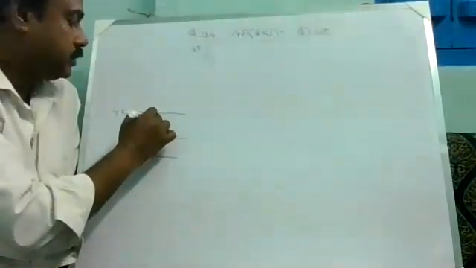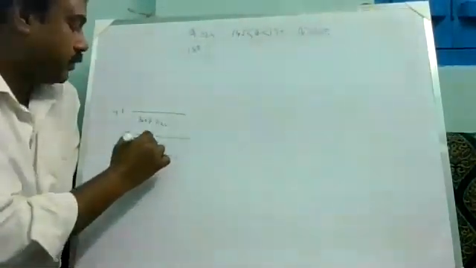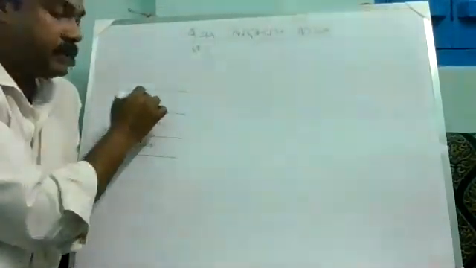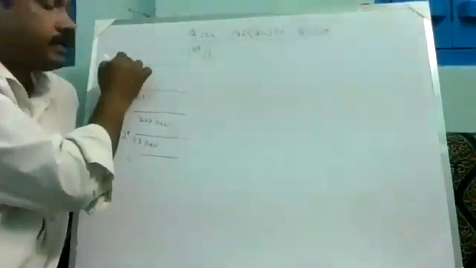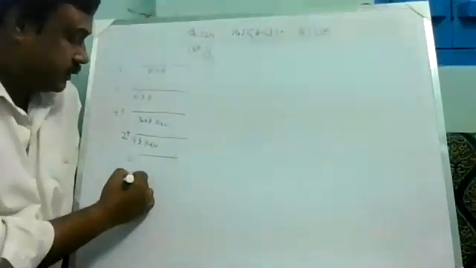Then 4 plus is 307. All are in keV. Then 6 plus is 637. Then 8 plus is 1079. This is the experimental value.